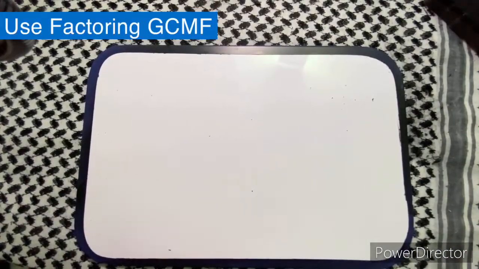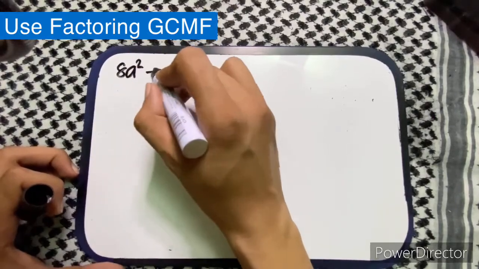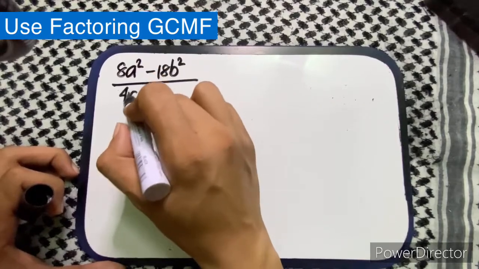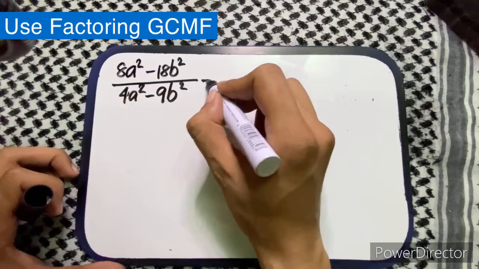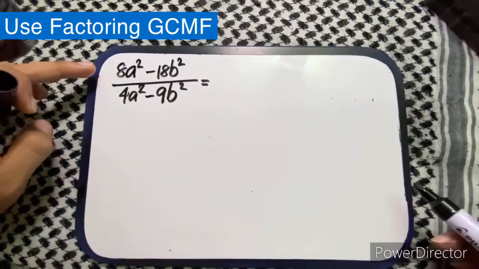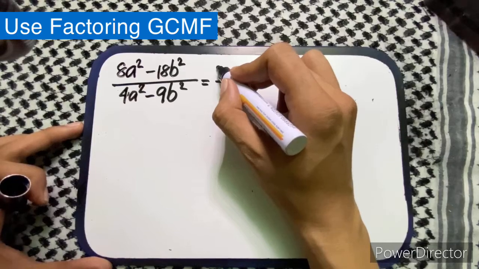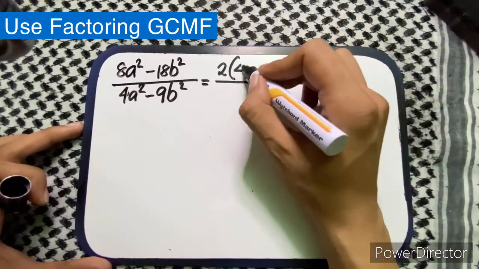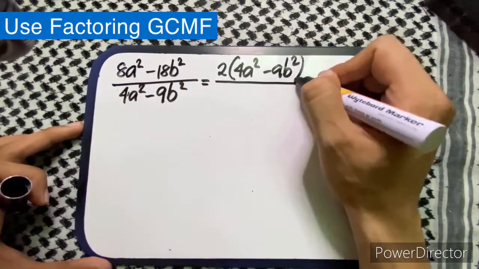Okay, next example, we have 8a squared minus 18b squared all over 4a squared minus 9b squared. In the numerator, you can rewrite that with 2 as the common factor. So this will become 2 times 4a squared minus 9b squared, right?